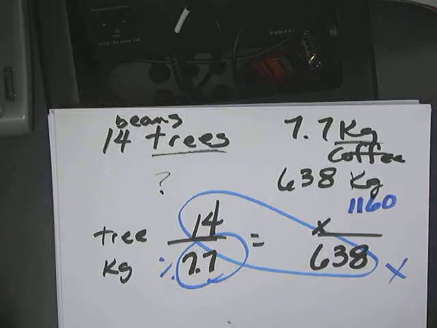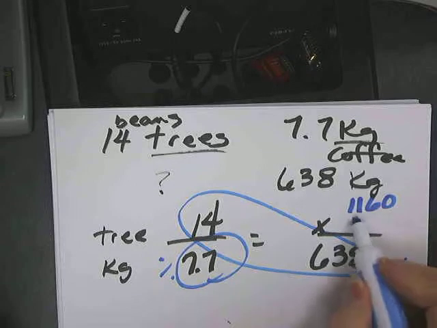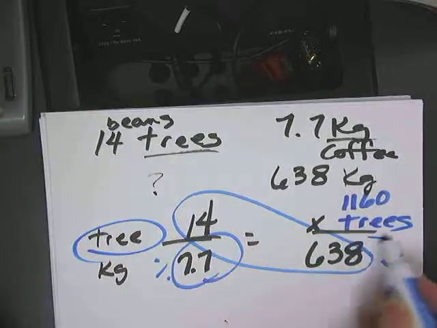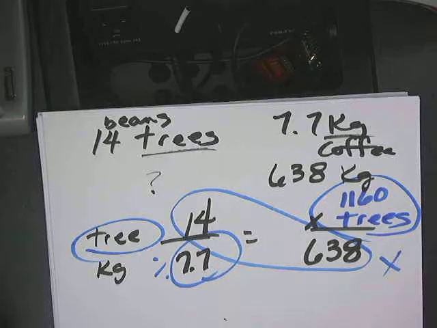It's good if it comes out even, if not, there's some things you instinctively know, oh, I'm not gonna have a .3 of a person. So if you need 11.3 people to do something, you're gonna need to go ahead and have that 12th person. Unless you can find a .3 of a person that could do something. And then looking at the label, you know that was trees that we were looking for.